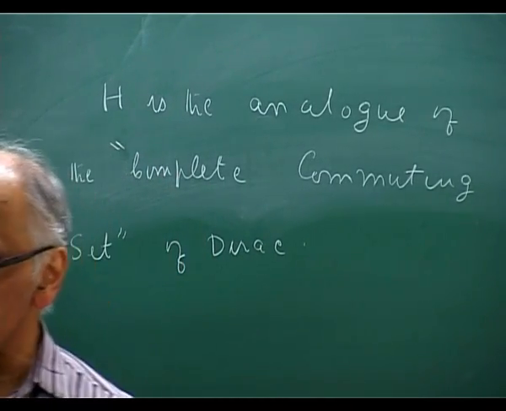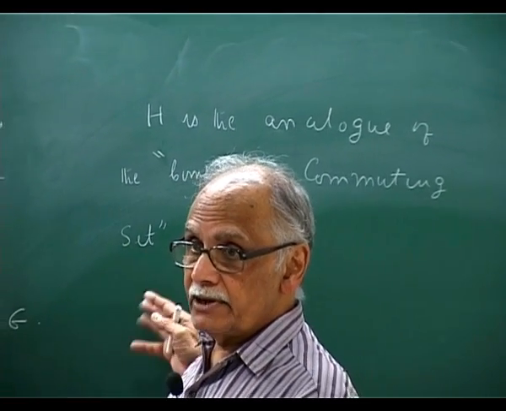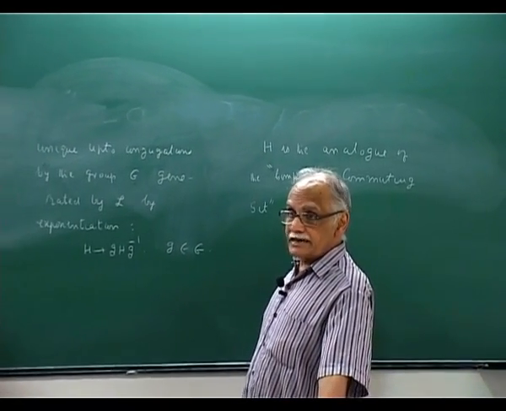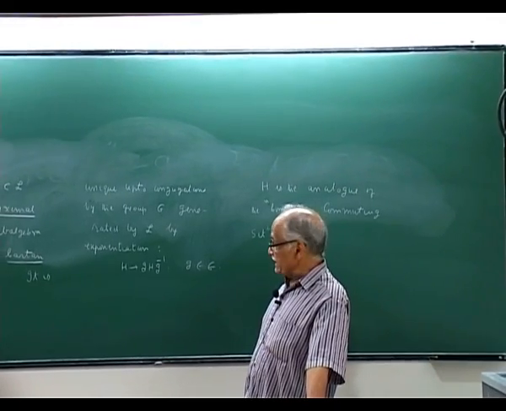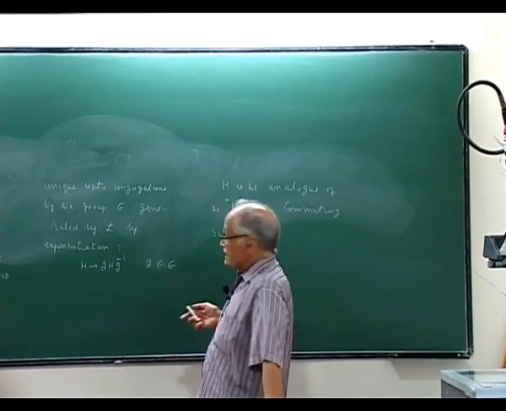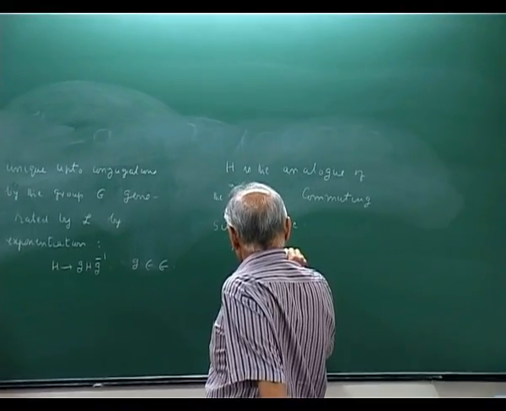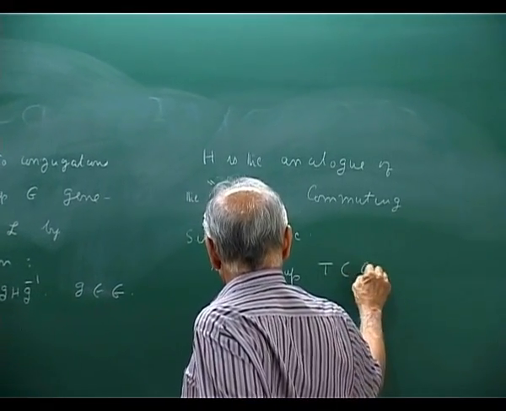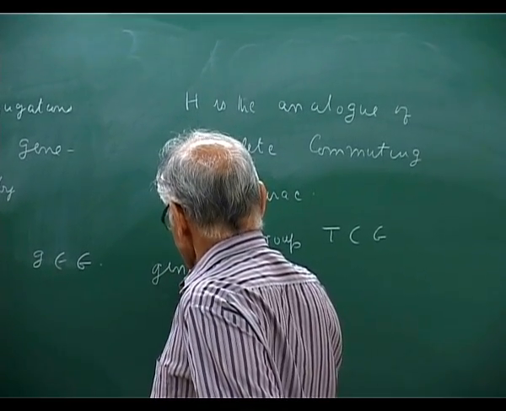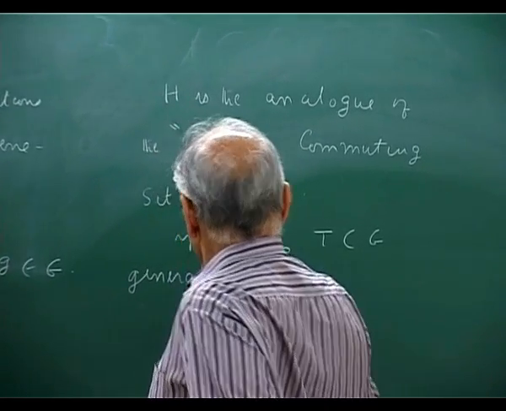In quantum mechanics, for the state labeling, or when you make observations, you have the concept of the maximal number of operators you can see. It's called the complete computing set. It is the exact analog of that here. Okay, the group H generates the group, called T in G, generated by H. Okay, it is abelian.